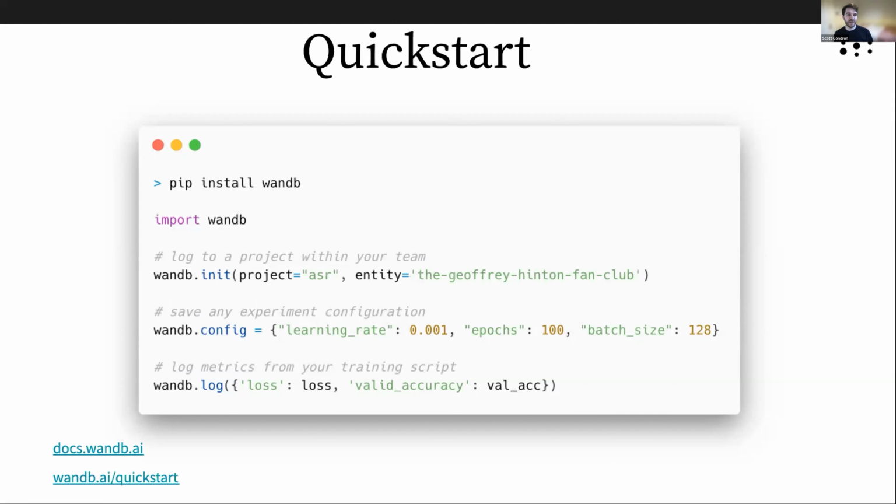Then you pass in your hyperparameters to a Weights and Biases config, which will store them every time you run your code. And as you're running your code, you log the metrics, and they will be visualized in interactive plots on our web-based UI.